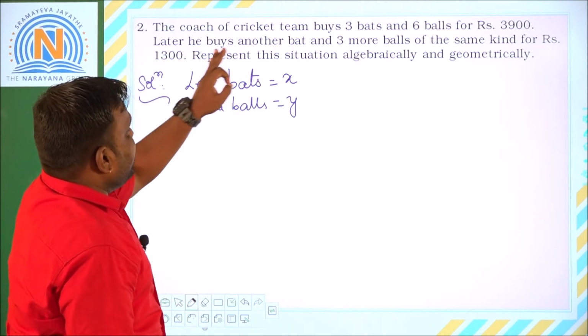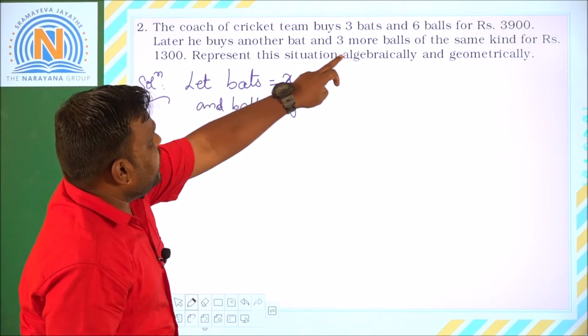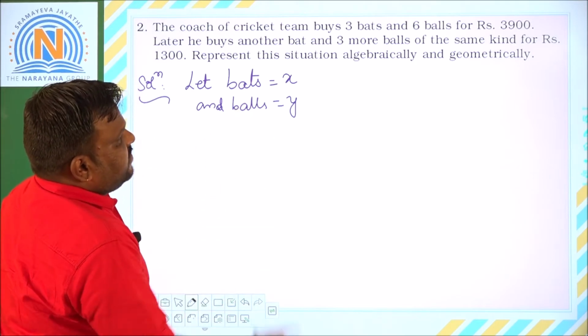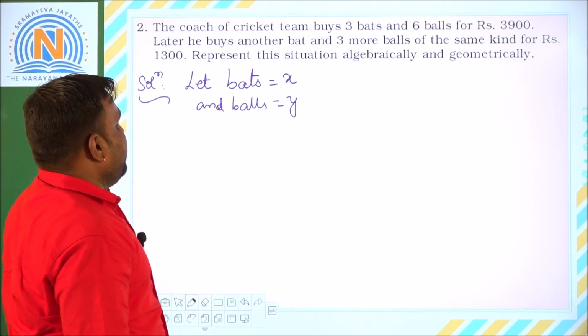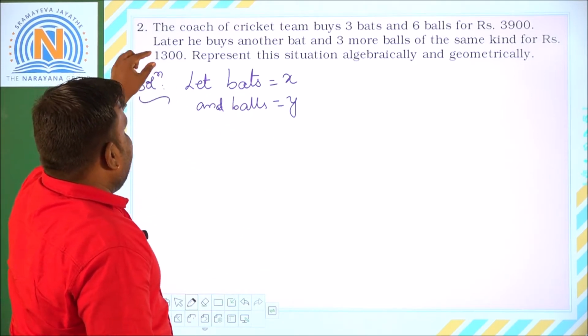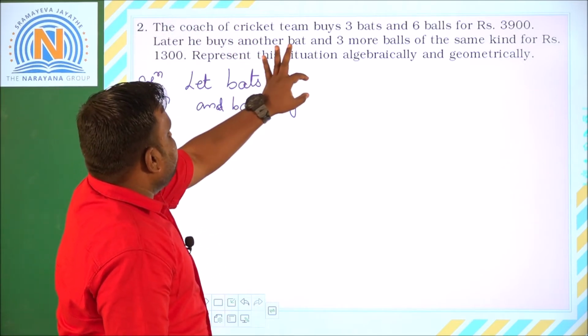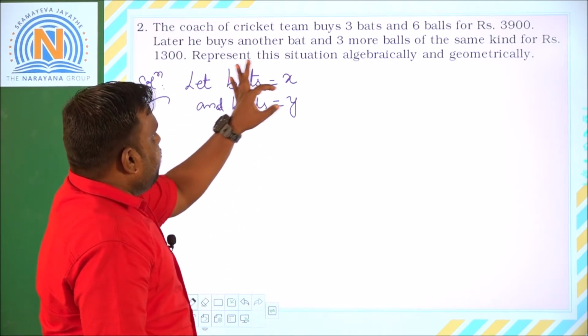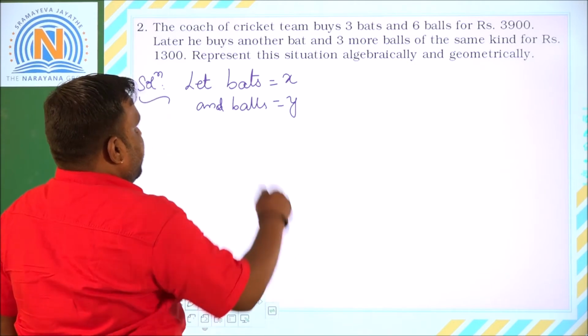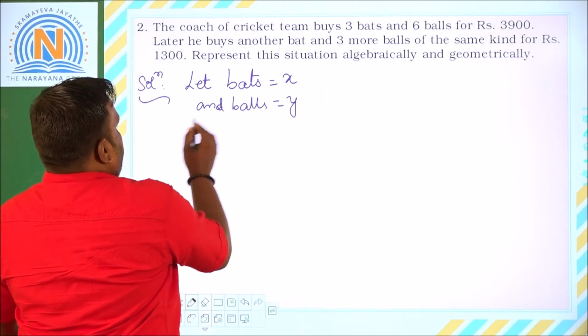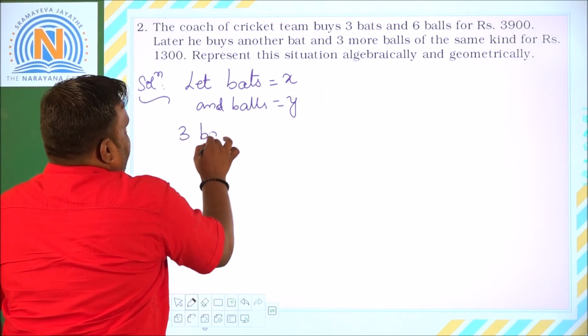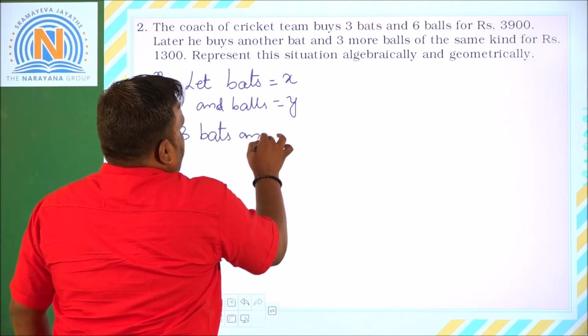Therefore, if you observe the condition here, 3 bats and 6 balls, the total cost is 3,900. So let us assume that the actual cost of one bat is x rupees and that of one ball is y rupees. According to the first equation, we have 3 bats and 6 balls.